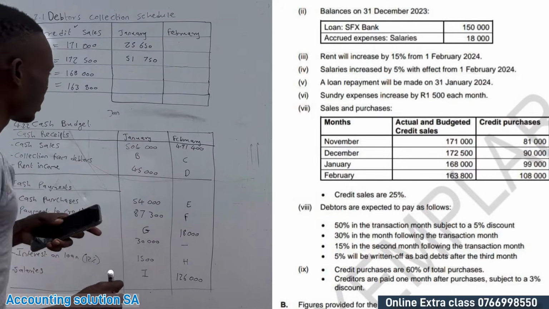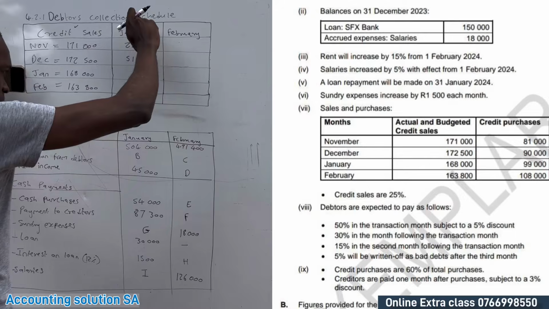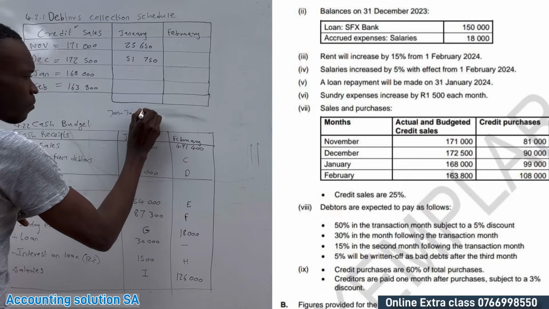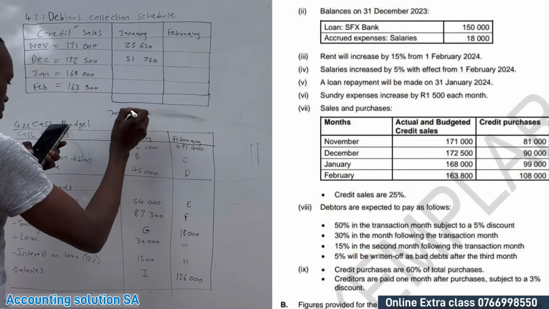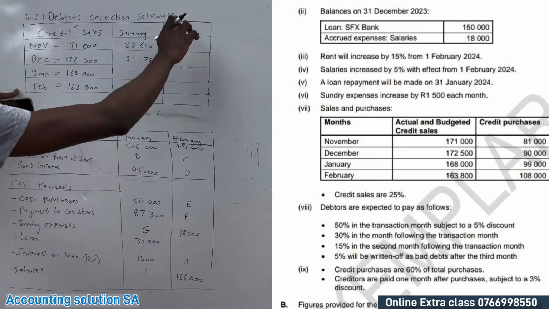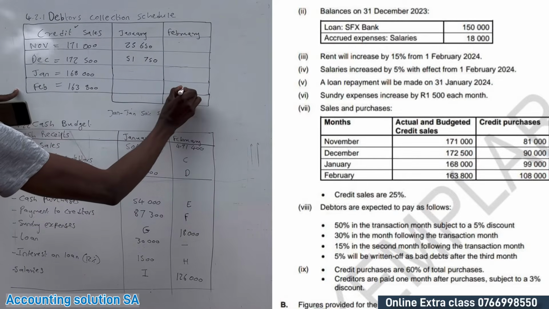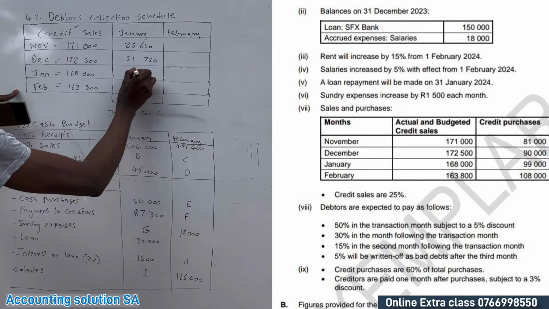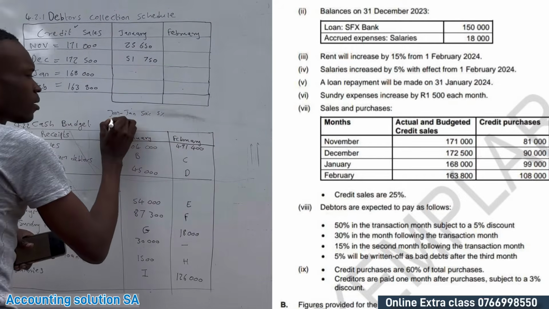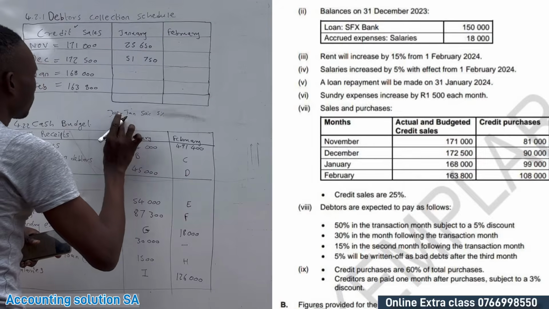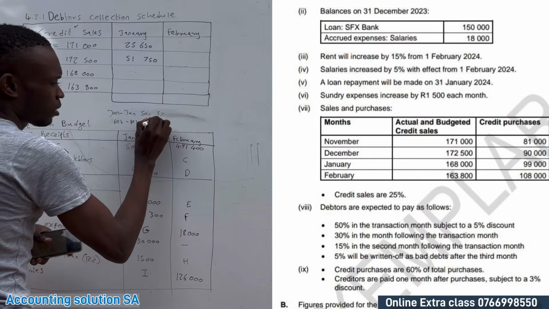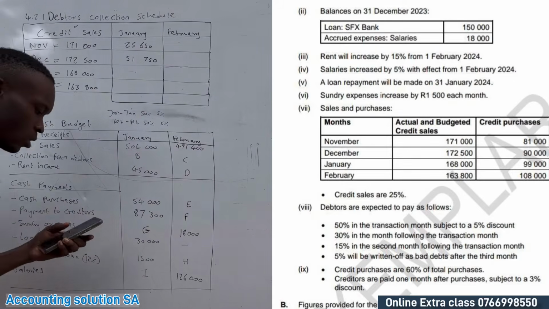On the same month, January versus January, we're going to collect 50%, and we calculate what? A 5% discount. February and February, we're going to collect the same: 50% and 5% discount.